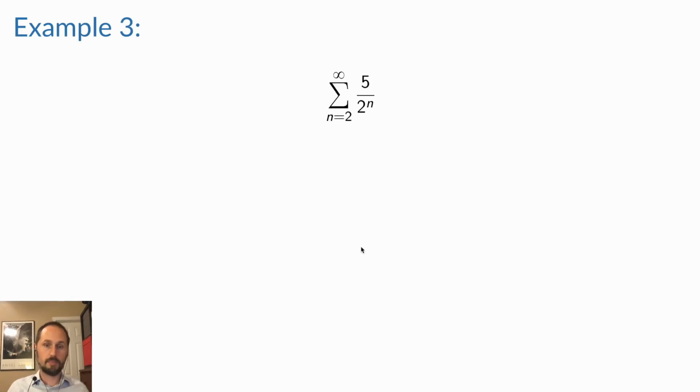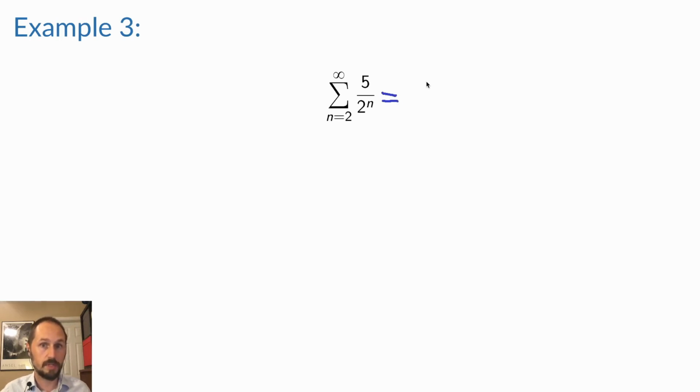Right, so the third example, we had the sum from n equals 2 to infinity of 5 over 2 to the n. And now this one's getting a little tricky, because we need to identify what c is. And because we don't start at n equals 0, we now need to rearrange our formula so that we see it in the format where we're allowed to use our formula. So let's go ahead and write this as the first few terms.